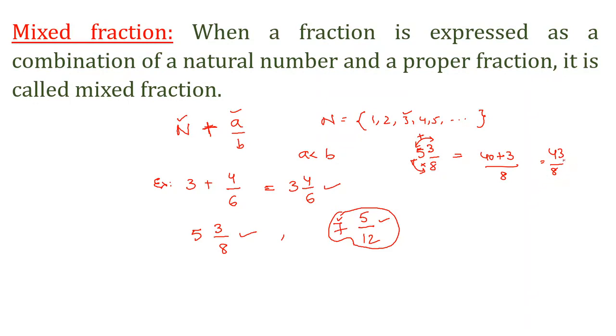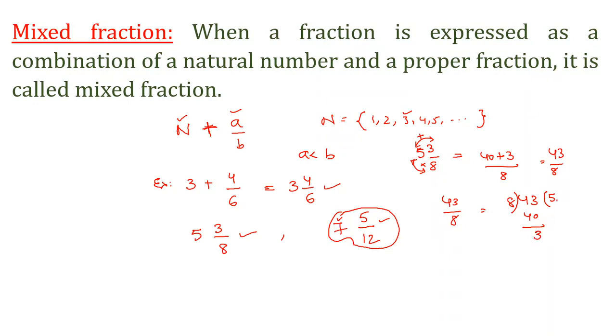Again we can convert this improper fraction in reverse. How to convert this 43 by 8 into the form 5, 3 by 8? Just divide the numerator by 8. How many times does it divide? 8 5s are 40, 8 6s are 48. You cannot divide that, so 8 5s are 40. What is the remainder here? 3.